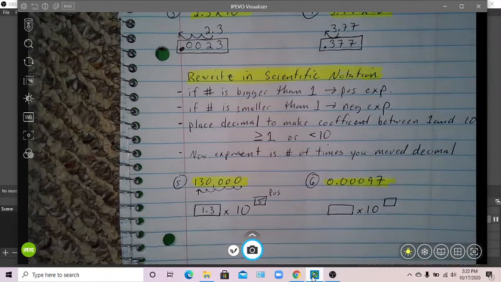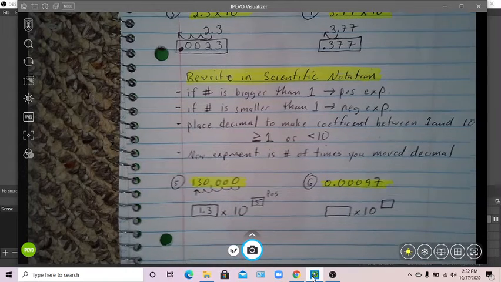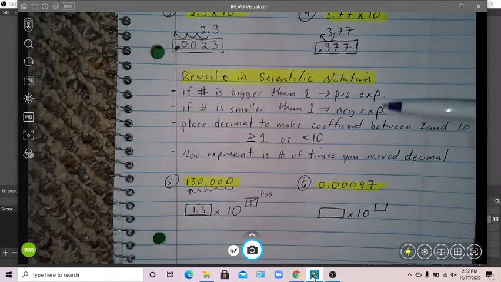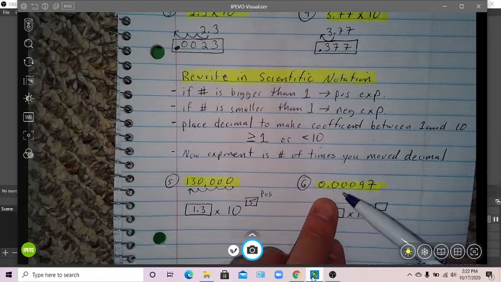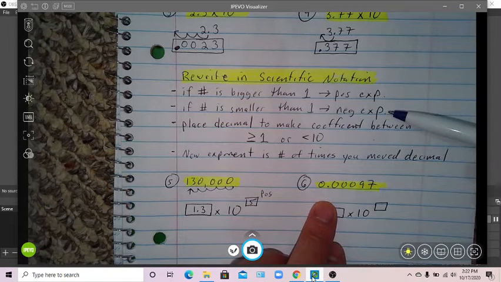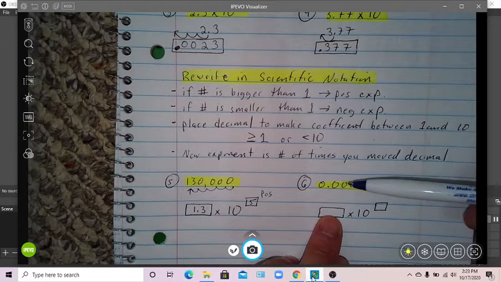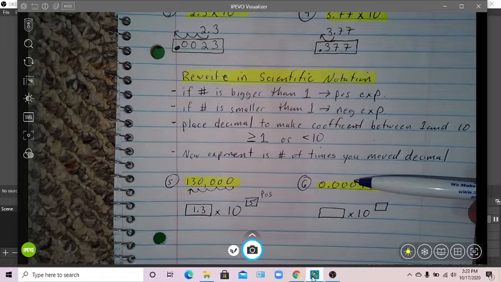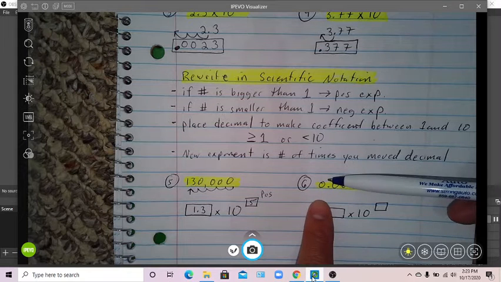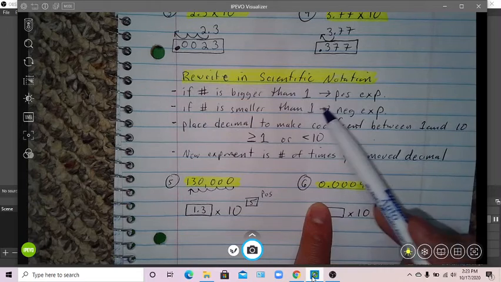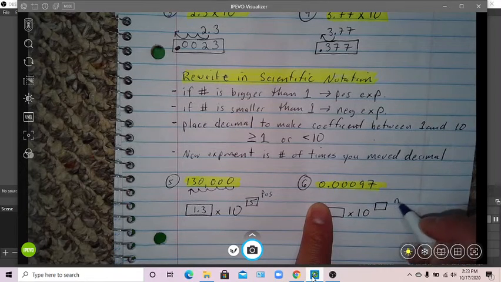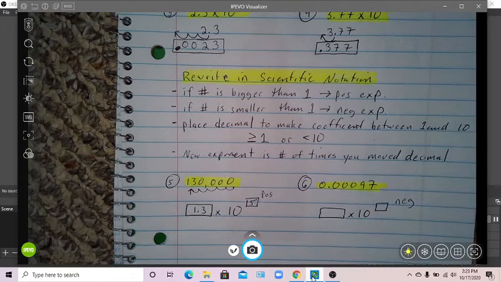Let's first determine if we have a positive or negative exponent. It's 0 point something, so it's smaller than 1. Notice the number itself isn't negative, it's just a very small number. If the number is smaller than 1, you have a negative exponent. So let's make a note that it's going to be negative.